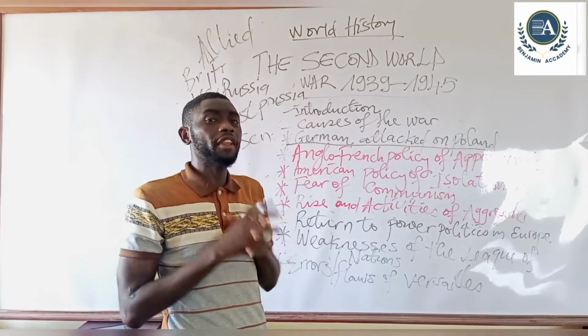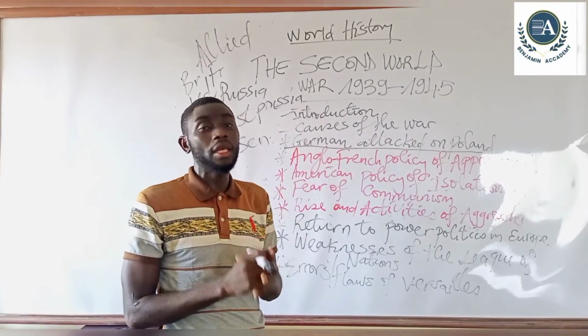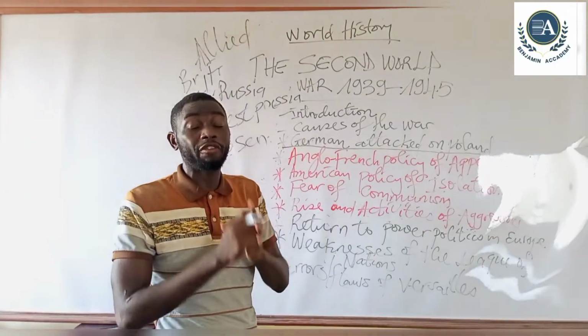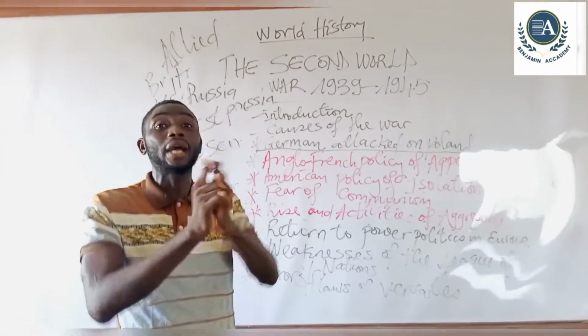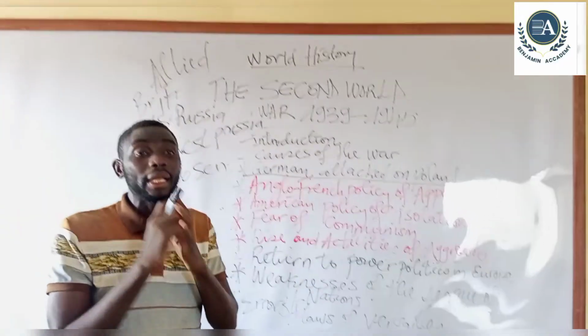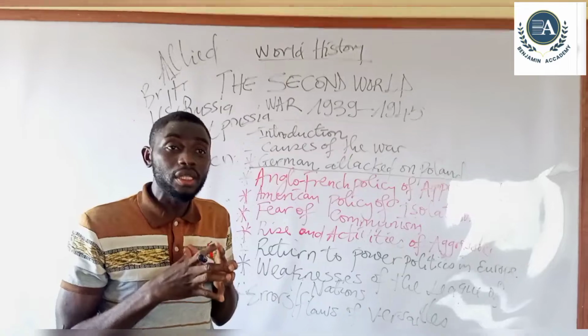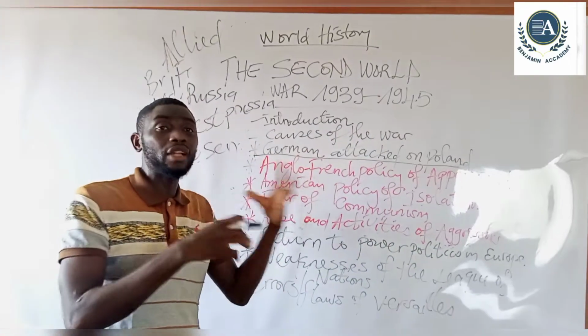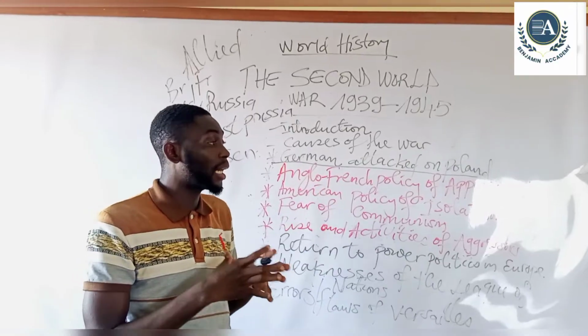Now, when Adolf Hitler rose to power in 1933 in Germany, Hitler saw that the Treaty of Versailles against Germany was unjust and too harsh, and so Hitler had the notion to rewrite the terms of the Treaty of Versailles.